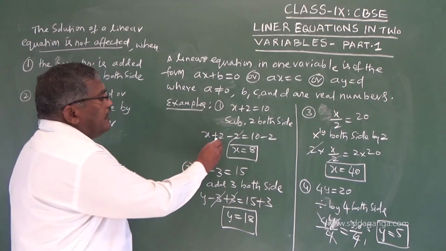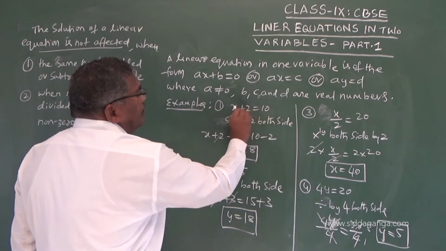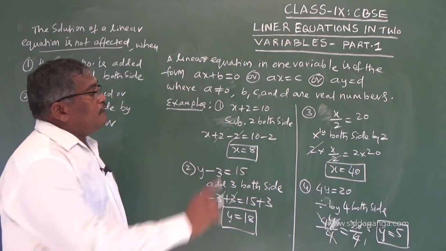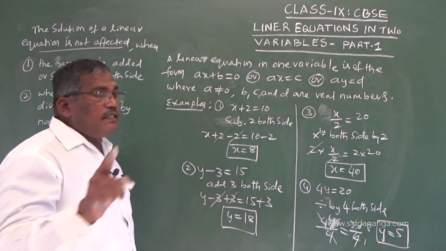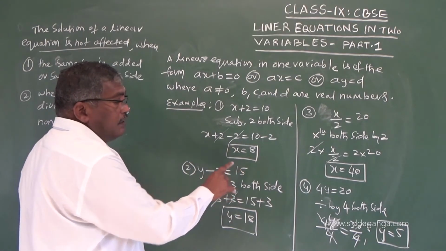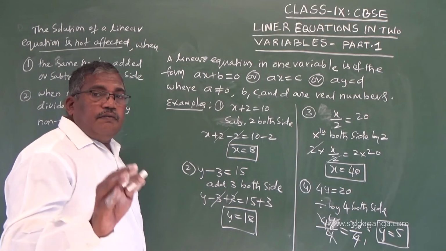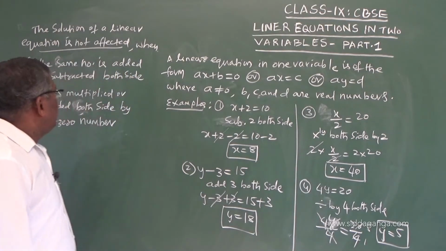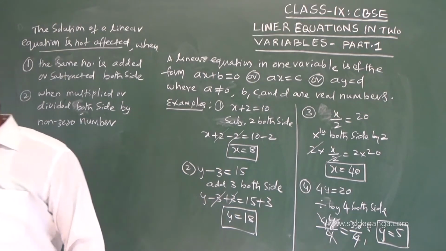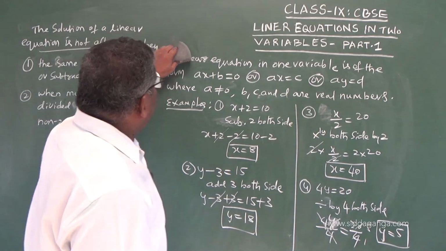But here it is not the case. Even if you add 0 both sides, the value does not change. x plus 2 plus 0 is the same as 10 plus 0, and y minus 3 equals 15. If you deduct 0 both sides, the value will not change. I will erase this now.